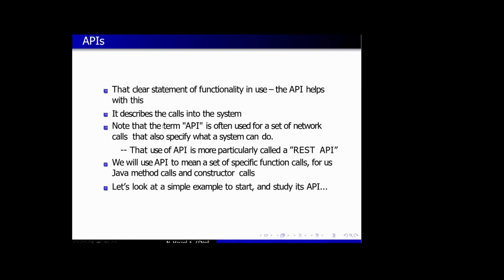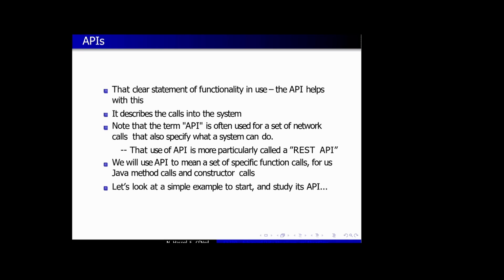Okay, so the API is this group of function specifications that shows what you can do and how you can call into the system. So that's what we'll call an API, nice and short. The only problem with the term API is it has another meaning, and that is a system of network calls. That is usually called a REST API, but sometimes they just say an API.